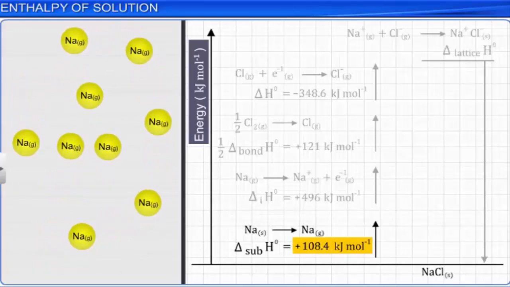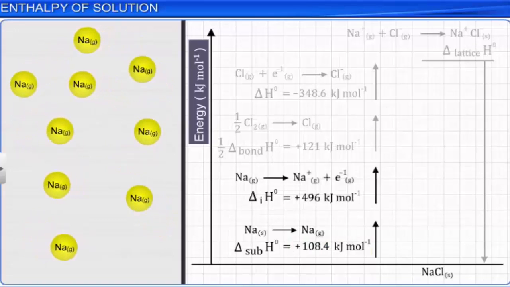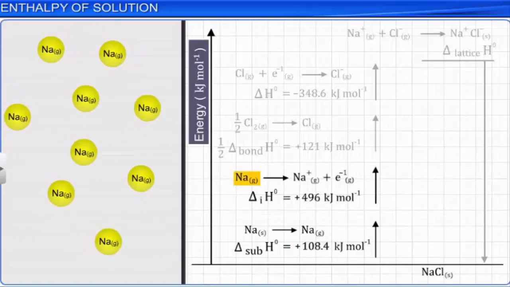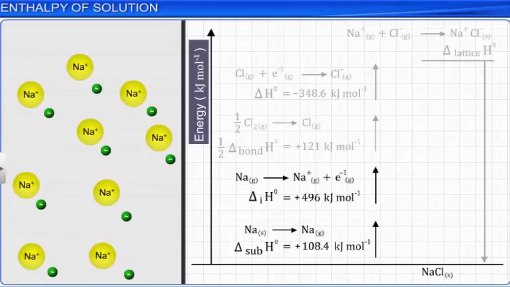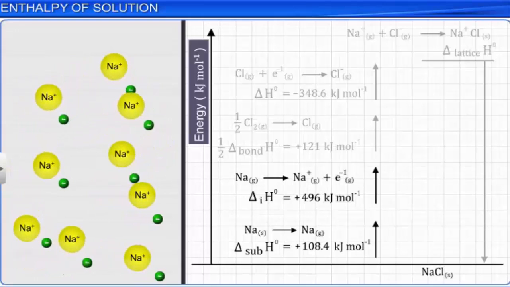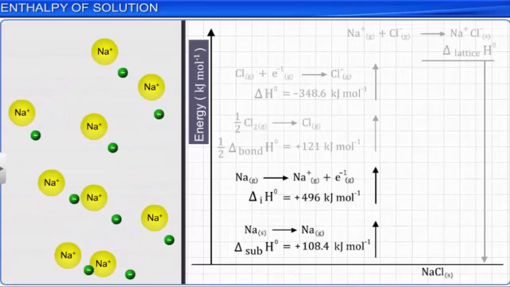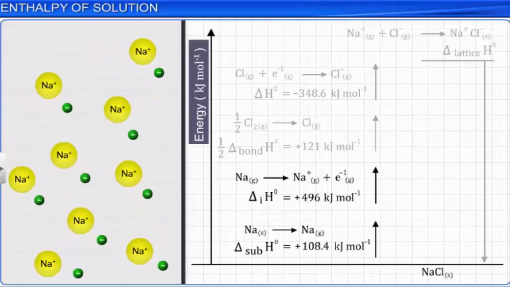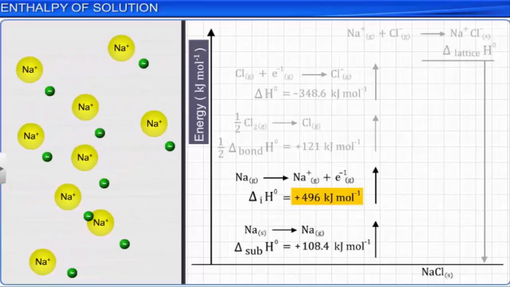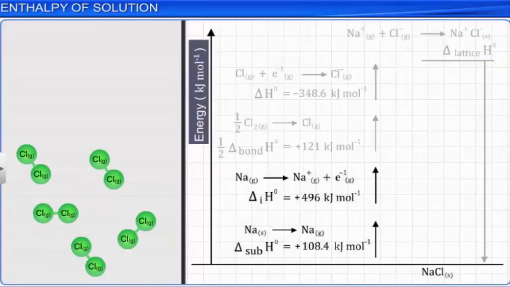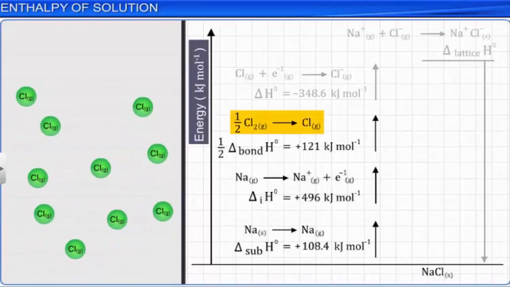In the next step, gaseous sodium atoms are ionized to form sodium plus 1 ions. The enthalpy change involved in this step is called ionization enthalpy, and its value is plus 496 kilojoules per mole. Similarly, the dissociation of chlorine takes place, and the enthalpy of dissociation is plus 121 kilojoules per mole.